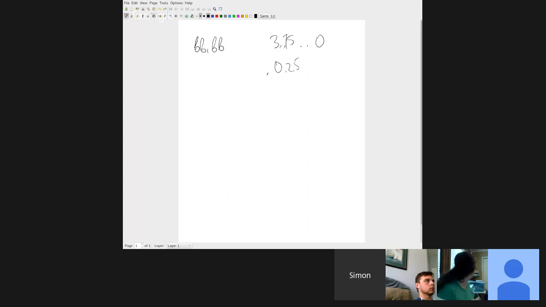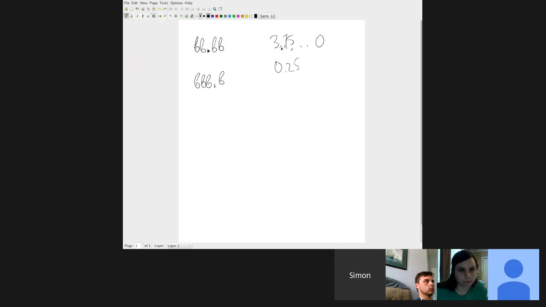Okay, but what if we need to represent a number that is greater than 3.75? What do you think we need to do? We can just say that instead of placing the decimal point here, with the same amount of memory, we can place the decimal point here, one position to the right.